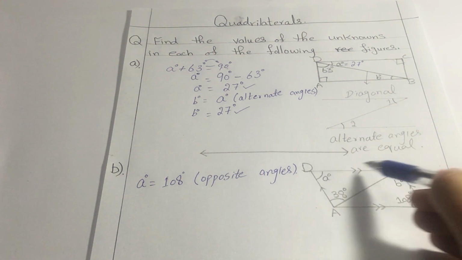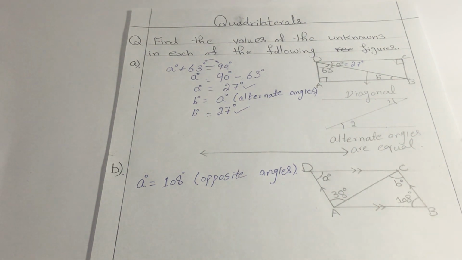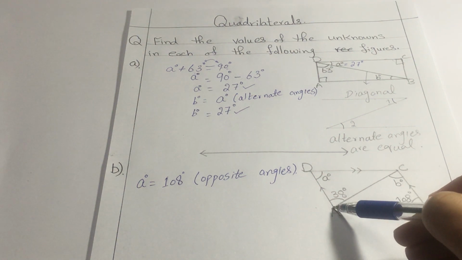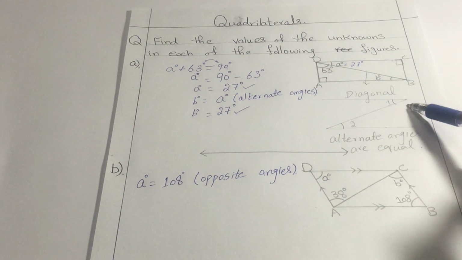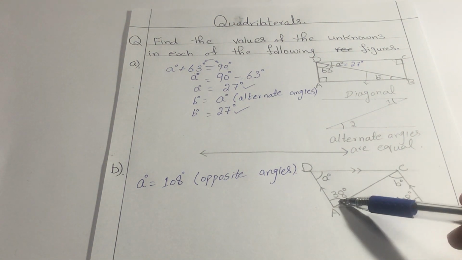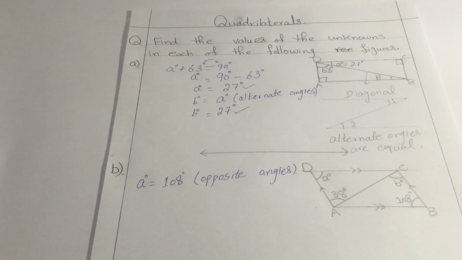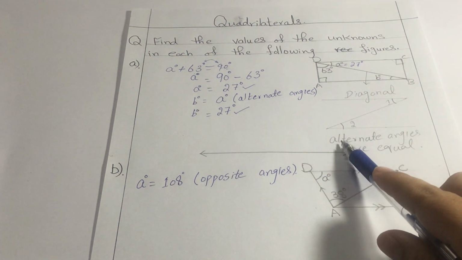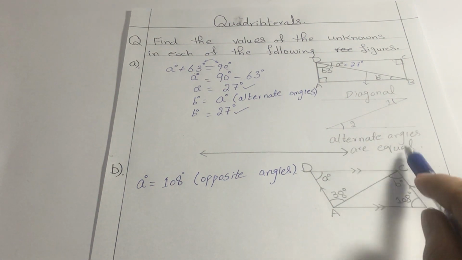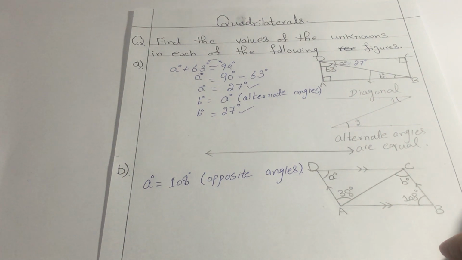Students, again you can see we have two parallel sides, and these two parallel sides are joined with a straight line like we have done here. So again we have two marked angles, B degrees and 38 degrees, and these angles are known as, yes, you are right, alternate angles, and alternate angles are always equal, right?